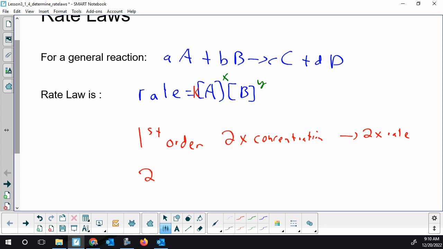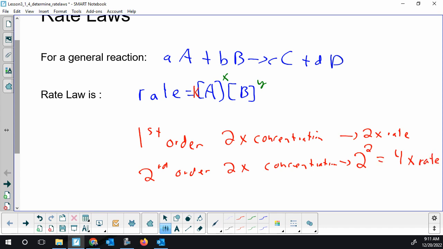If something is second order and you 2x the concentration, you're going to get a 2, the doubling of concentration, to the power of 2 because it's second order. You'll get a 4x change in the rate.